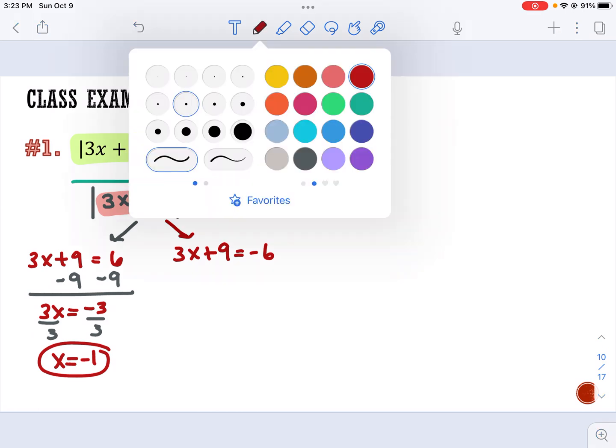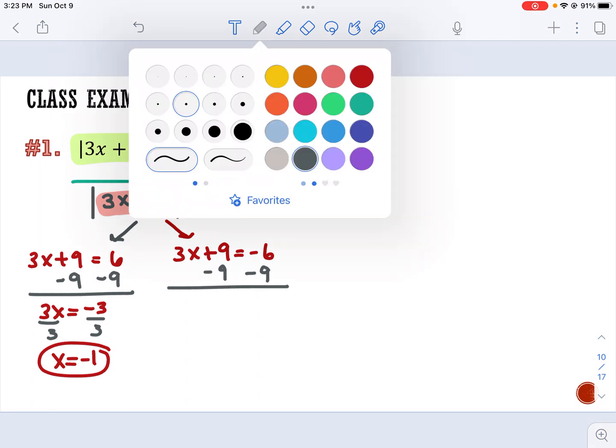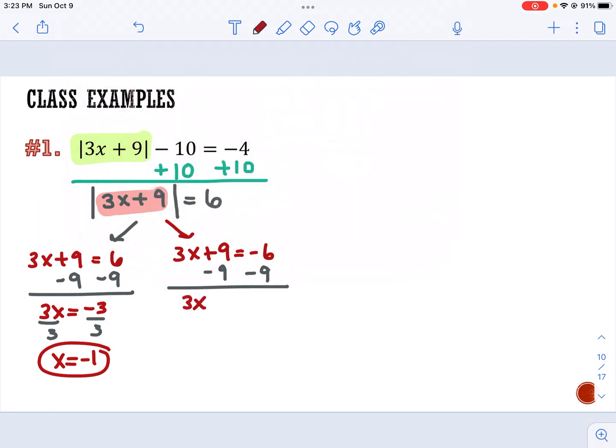On my right-hand equation, same idea. I'm going to subtract 9 on both sides. Going through the steps, 3x is equal to negative 6 minus 9, which gives you negative 15. Divide both sides by 3. And then my final answer on this side is x equals negative 5.